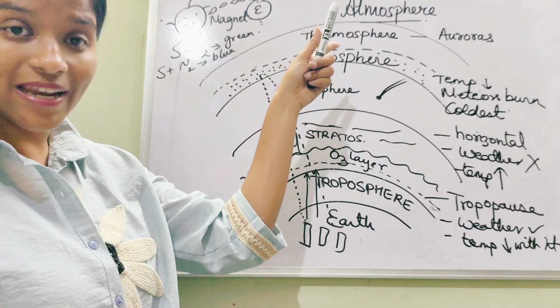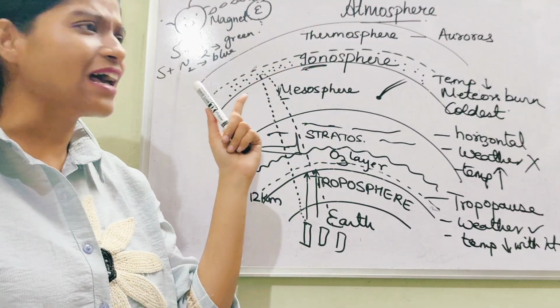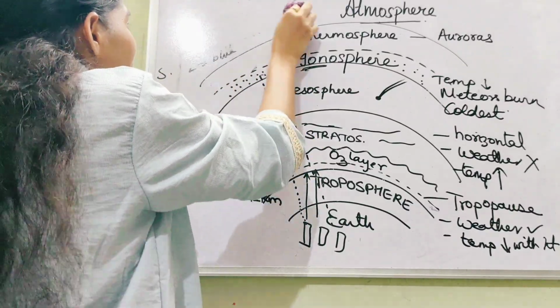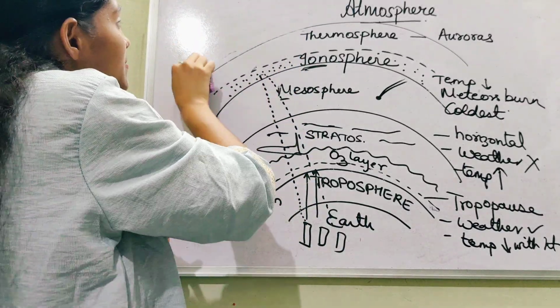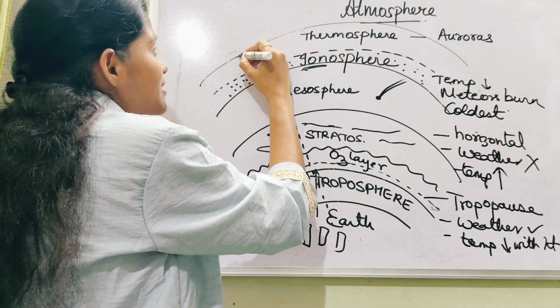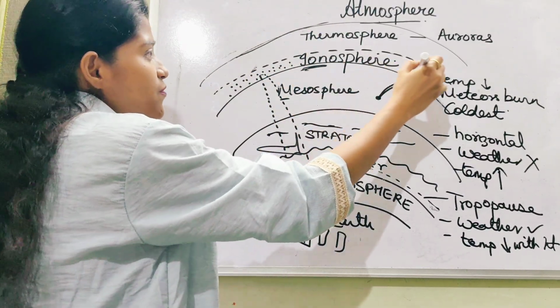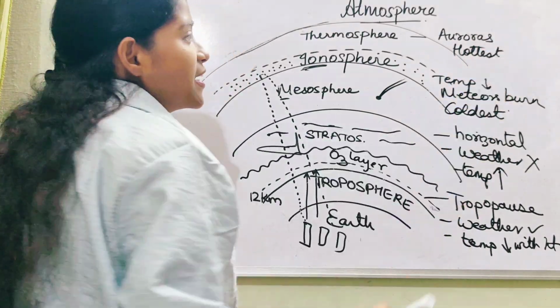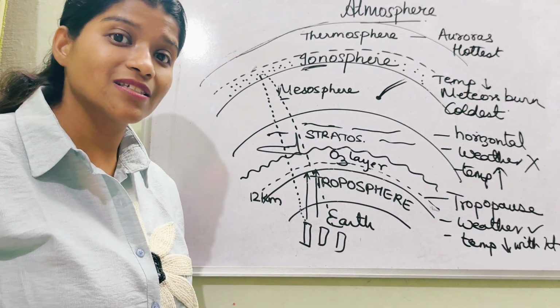Now one more layer is left, that is the last layer, exosphere. One more thing I have missed out here is that the thermosphere is the hottest layer of the atmosphere. Why is it the hottest layer?